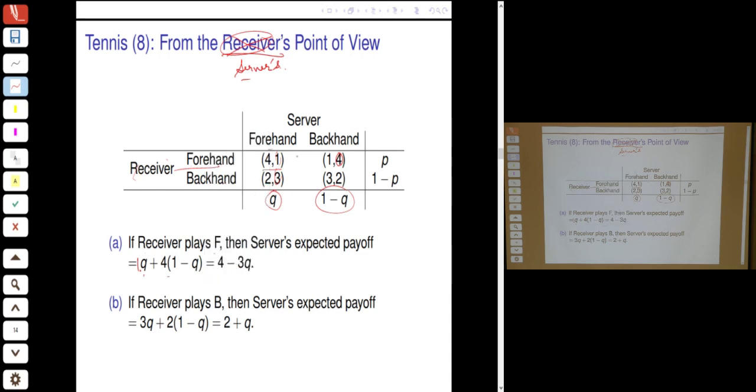Because he plays forehand with probability q and backhand with probability 1 minus q. So this is 4 minus 3q. If the receiver plays backhand, then the server's expected payoff is 3 times q plus 2 times 1 minus q. Okay? So this is 2 plus q.